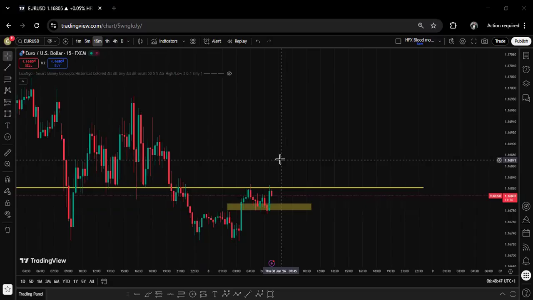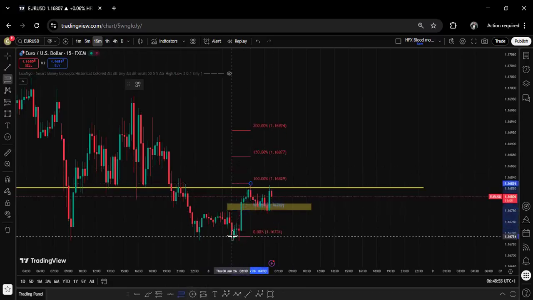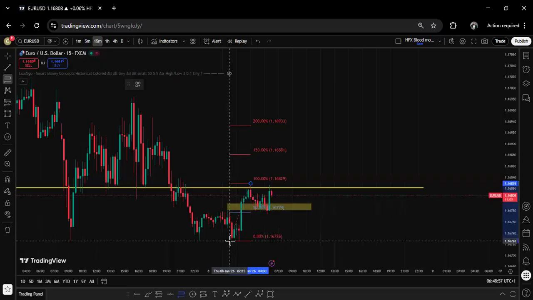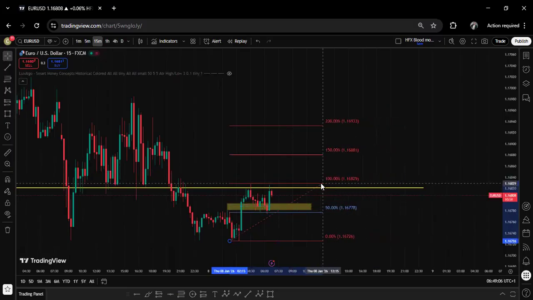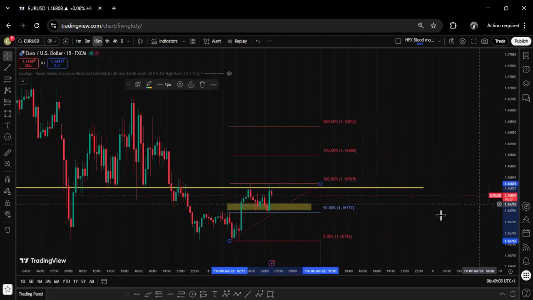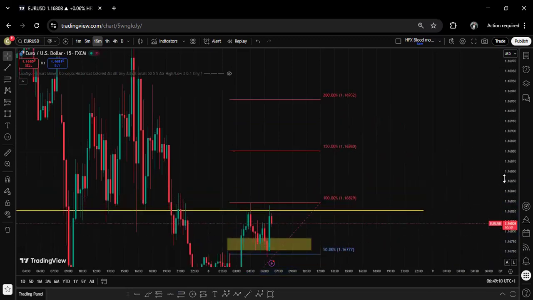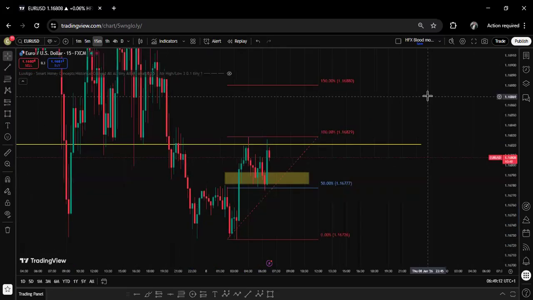Then I don't want to talk about Fibonacci, but sometimes I use them because they kind of guide me to where I'm expecting to go. Now, this is a further factor to tell you that you are on the right track, right? So first of all, we have the fair value gap we've seen on the 1 hour time frame.